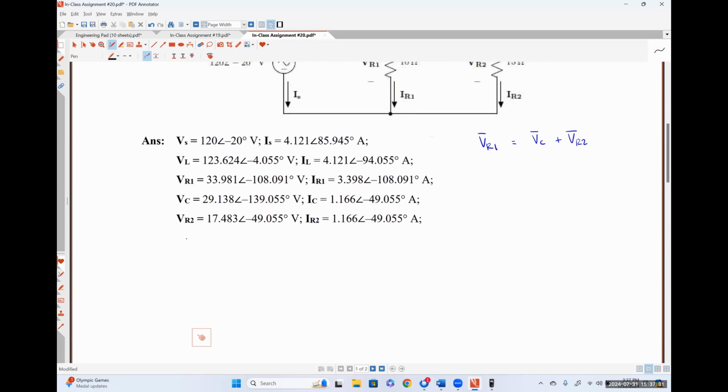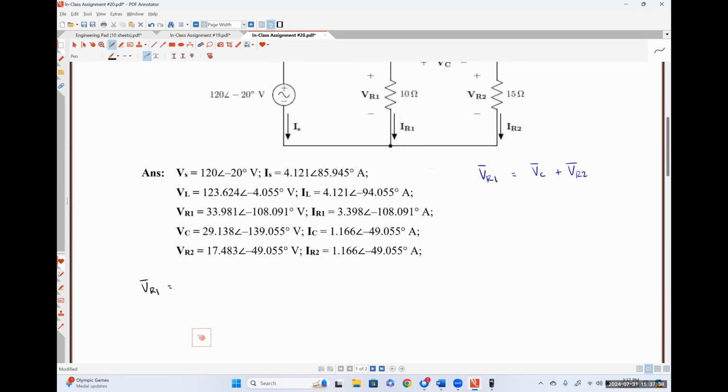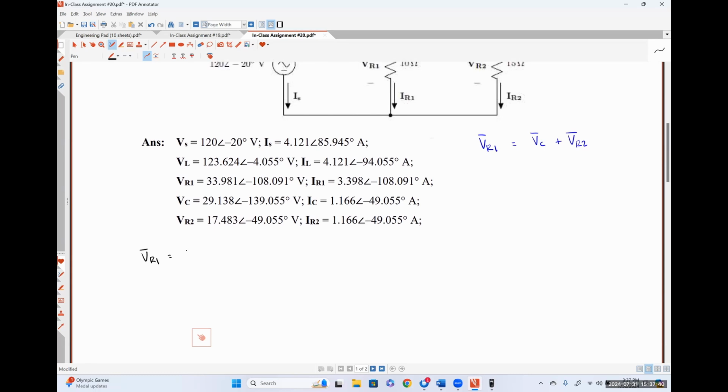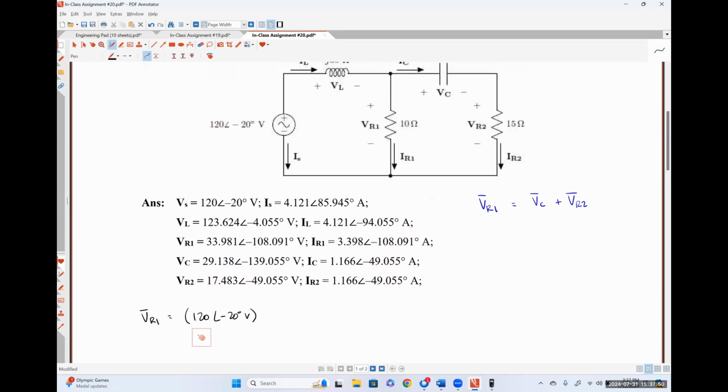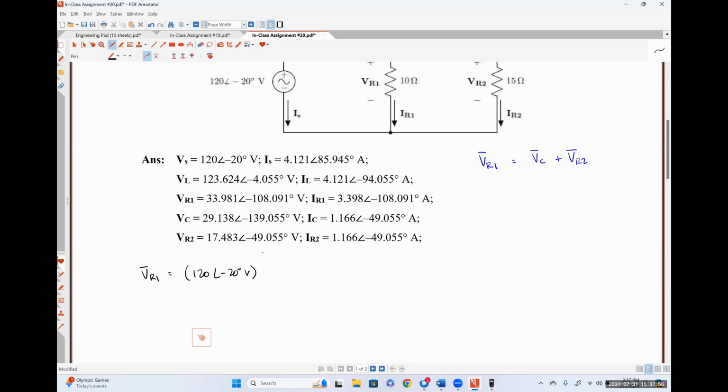So my voltage VR1 will be my known voltage. So that's 120 angle negative 20 degrees volts. And then I put the impedance that I want to know the voltage drop over in my numerator.